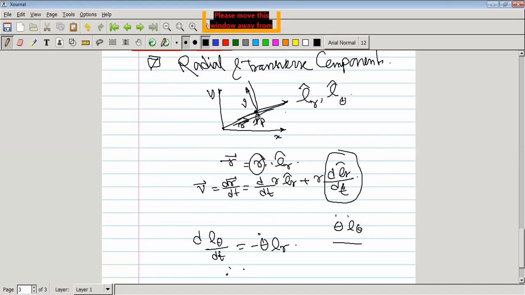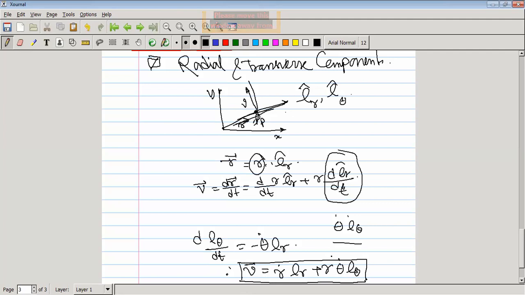So the velocity vector is r dot er plus r theta dot e theta. This is the formula to find the velocity using the radial and transverse coordinate, or the polar coordinate.